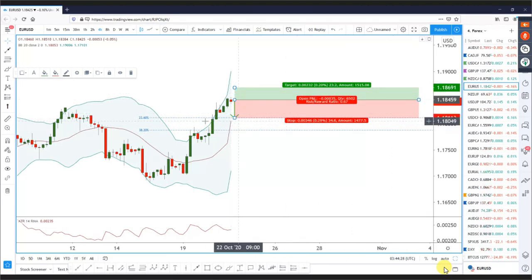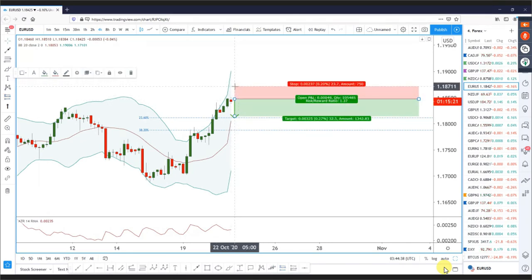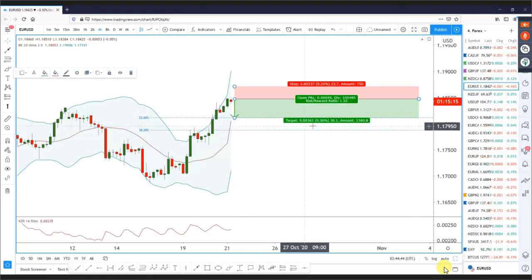Around there. And our profit of 34. Oh wait, I got the wrong side. Let me take the short one. Okay, 23.5 and TP 36.1. So risk to reward of 1.52.